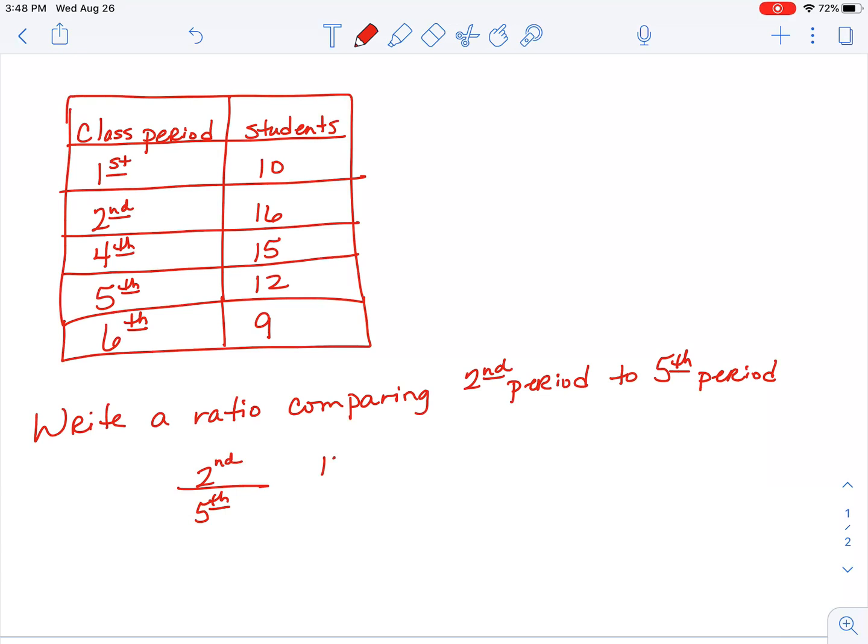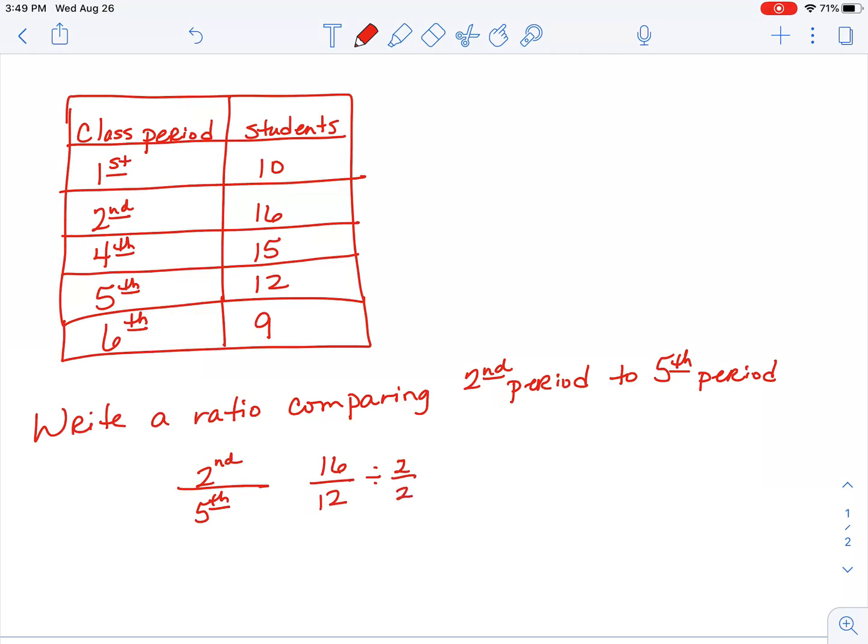So second, there's 16. Fifth, there's 12. Now, you say, well, this is improper, Miss Pendleton. No, remember, because this is not a fraction. This is a ratio, so that's okay. But can it be reduced? Yes, because 16 and 12 are both even numbers, so I'm going to reduce it by 2.